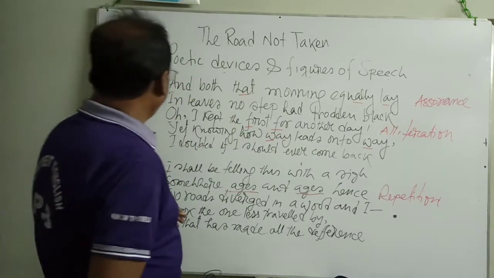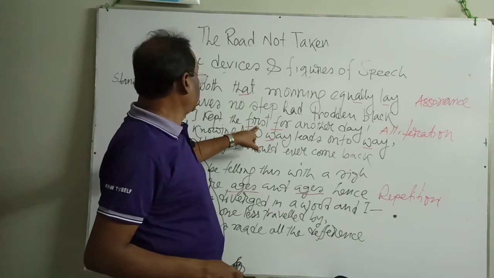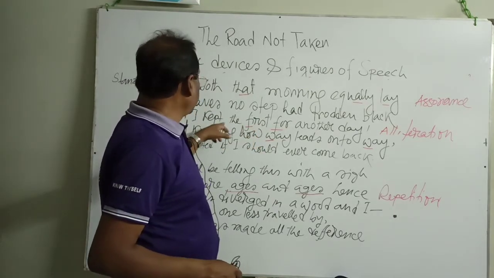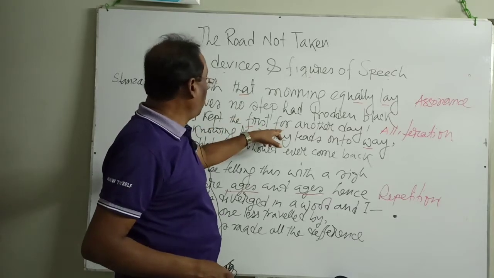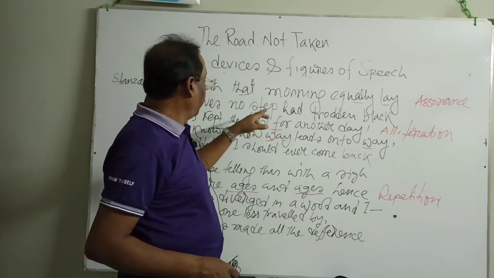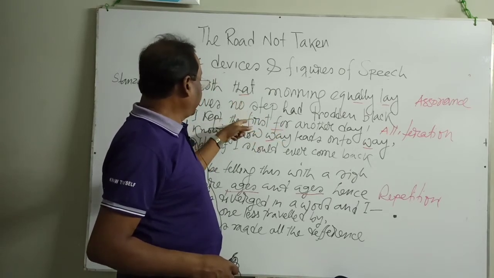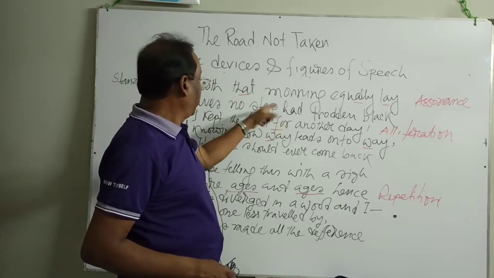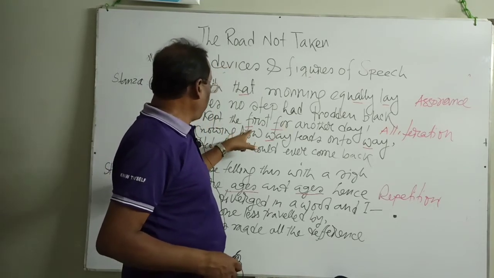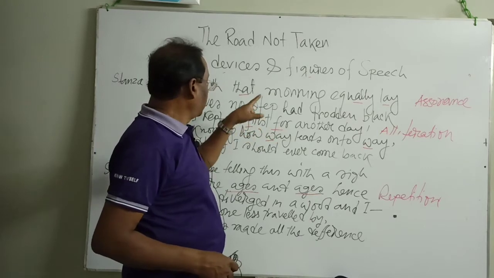Again we find in the third line, oh, I kept the first for another day, that is the letter F, and we have to utter this f, first, for.